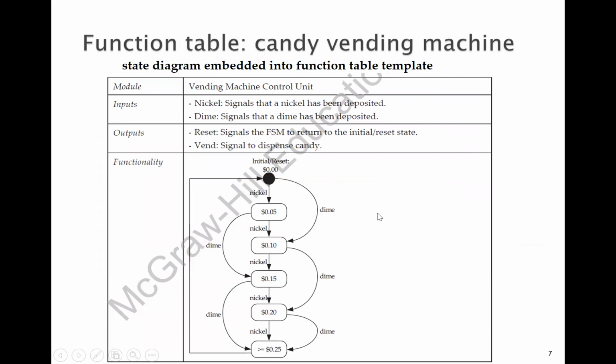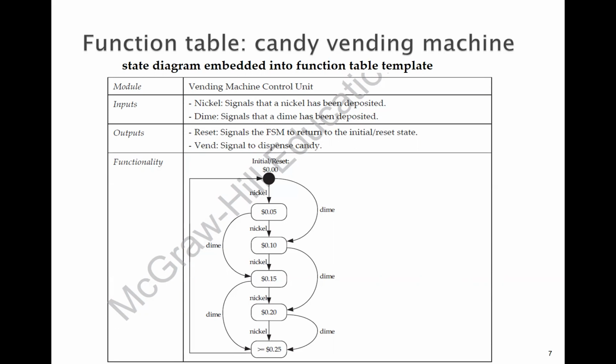When we draw a state diagram, we usually use a function table to describe what it does. We simply use the model function diagram, as we have discussed in the previous lesson. Here the model name is vending machine control unit. We have inputs and outputs. Nickel and dime are inputs, so they are signals that a nickel or a dime has been deposited. Outputs are reset and vending.